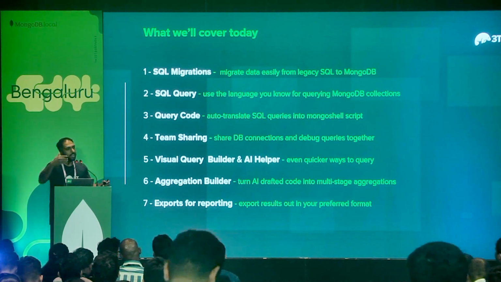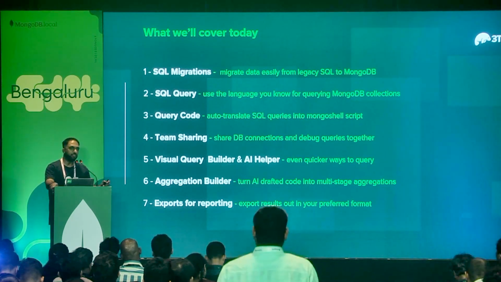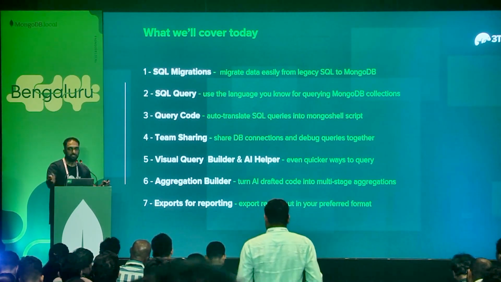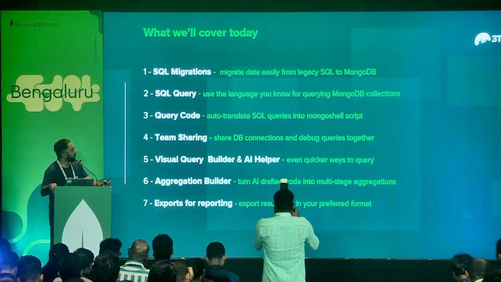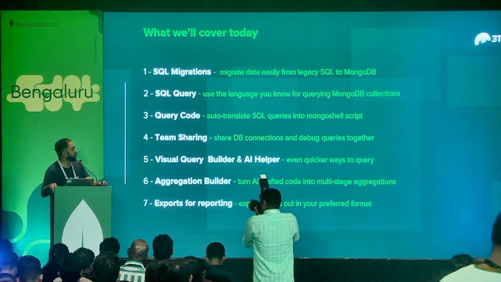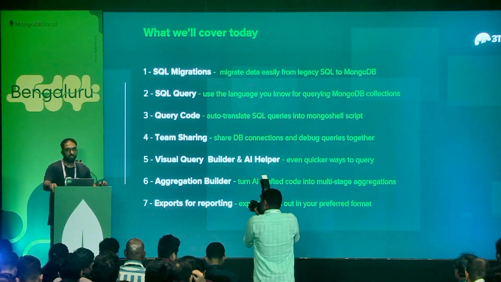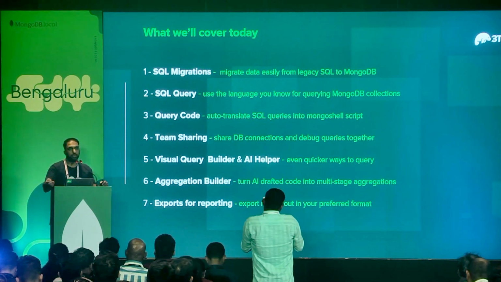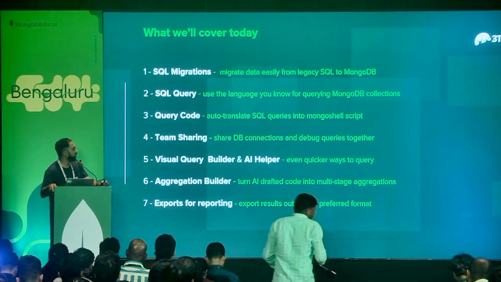So once your data is on MongoDB, he's going to be running us through the different tools that Studio 3T offers, which includes, for example, querying with SQL statements on your MongoDB collections, using our query code generator to translate that to Mongo shell and other syntaxes of your choice.